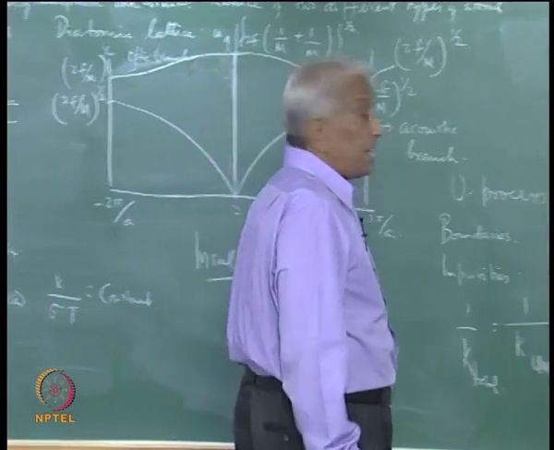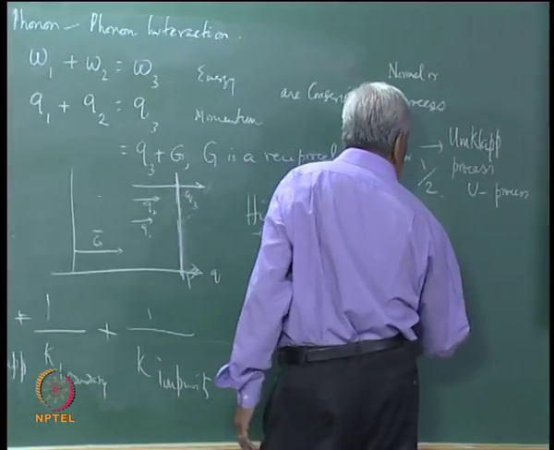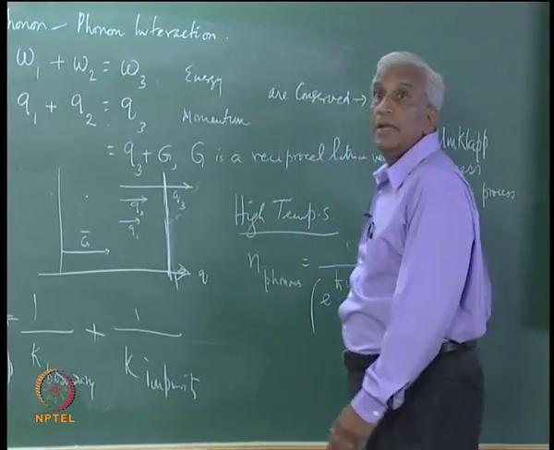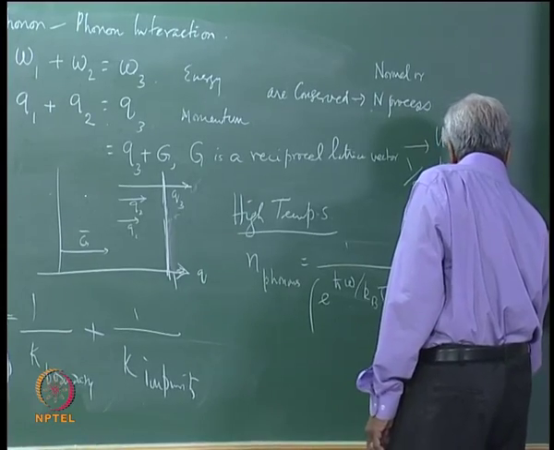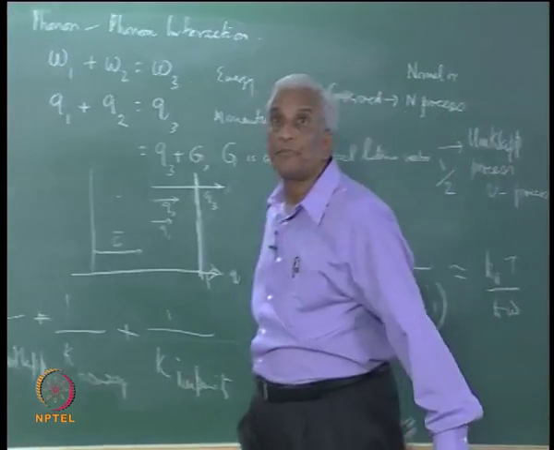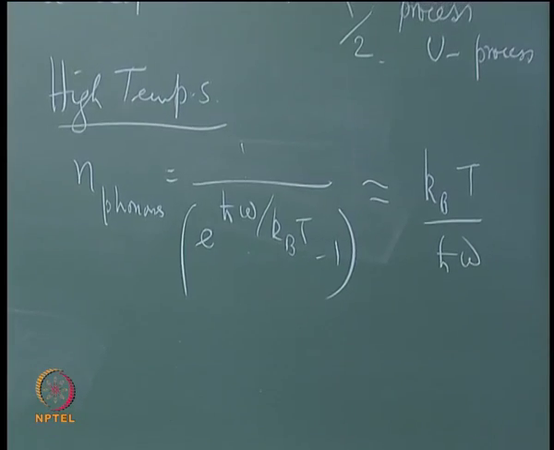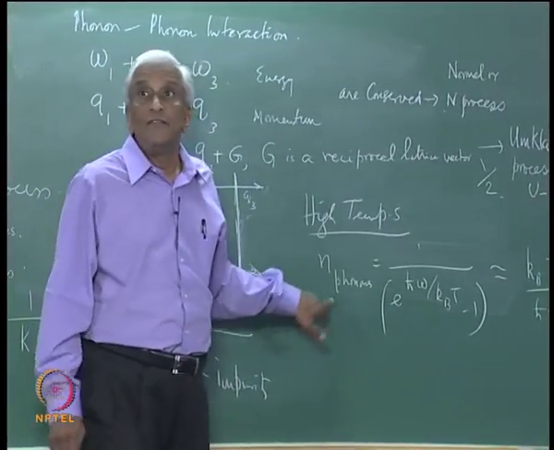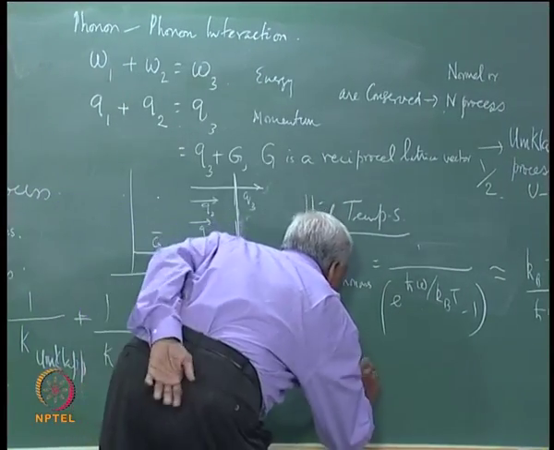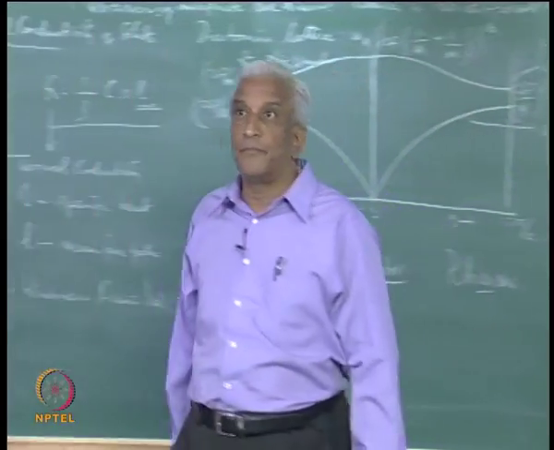Now, in the high temperature limit, you can check this will go as kBT by h cross omega. So, the mean free path, which is inversely proportional to the number of phonons, will go as L goes as T to the power minus 1 at high temperatures.